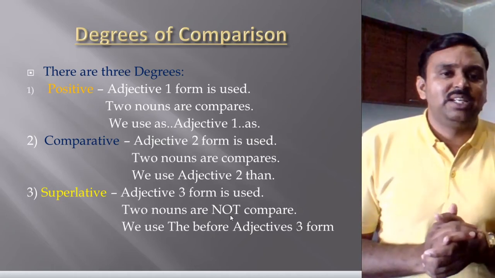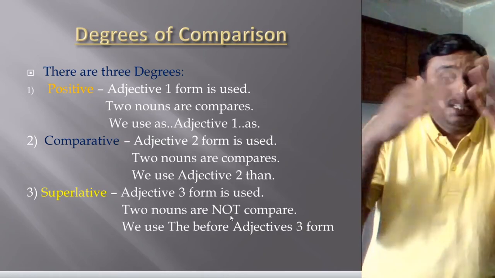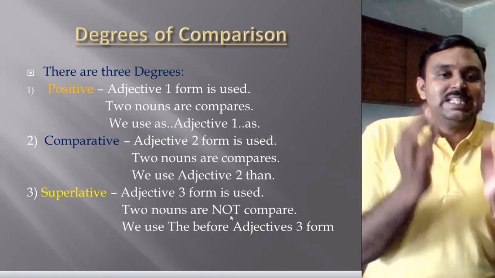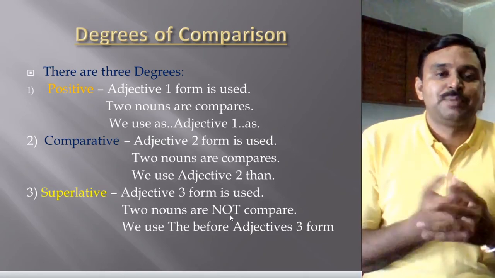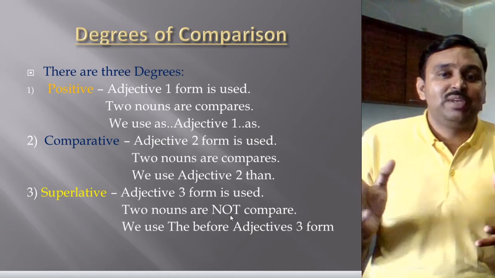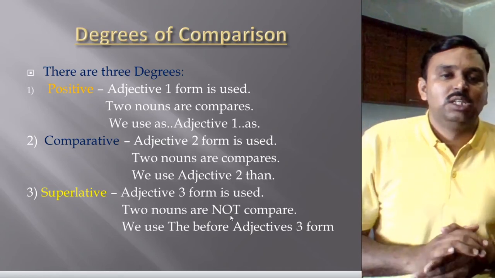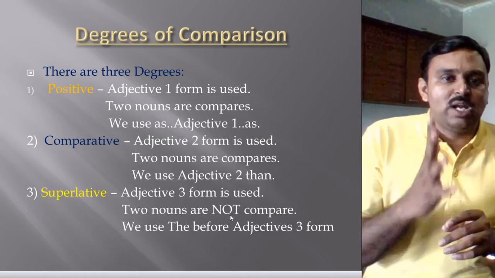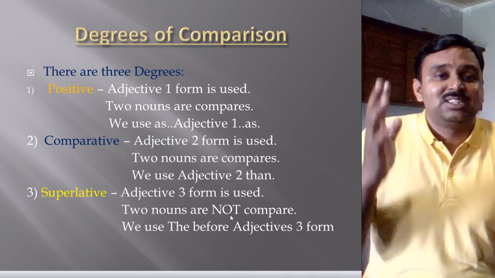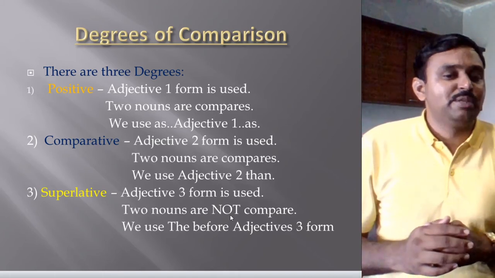So what do we do here? When 1 noun is superior to all, which has the highest quality, for that purpose the superlative degree is used. Example like he is the best boy of all, or we can say giraffe is the tallest animal of all. So I'm comparing the 1 noun to all in a way that it has the highest quality. Okay, that's the point, we need to remember it.